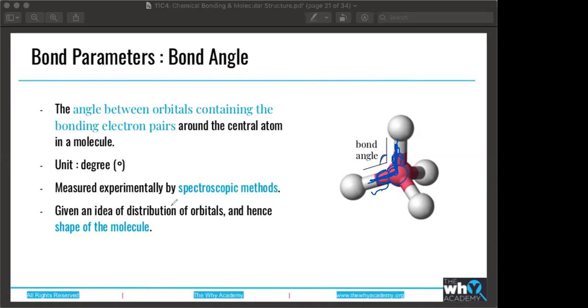It gives an idea of distribution of orbitals. Miss, what are spectroscopic methods? So basically by studying the spectrum of specific compounds, like resonance imaging, there are certain techniques, this even I'm not aware of because it goes way into graduate physics, graduate chemistry.